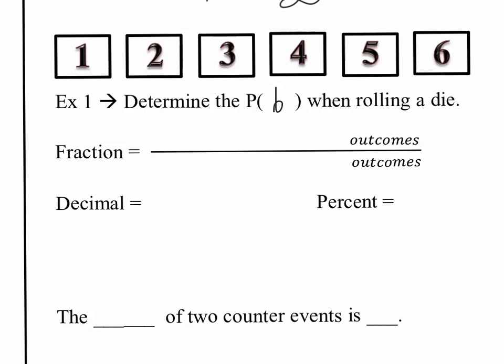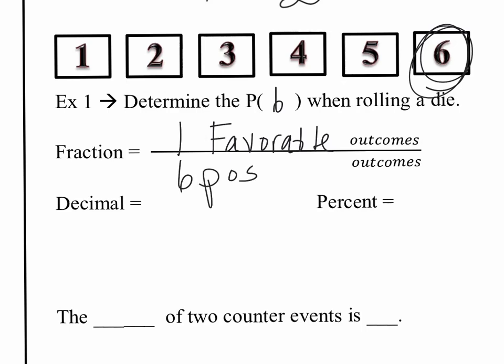The fraction, 1 for the number favorable, because the question asks, determine the probability of a 6 when rolling a die. There's 1 six, one favorable outcome over 6 possible outcomes.